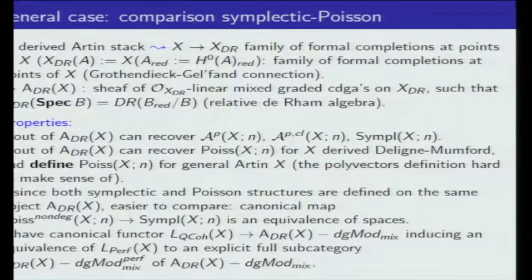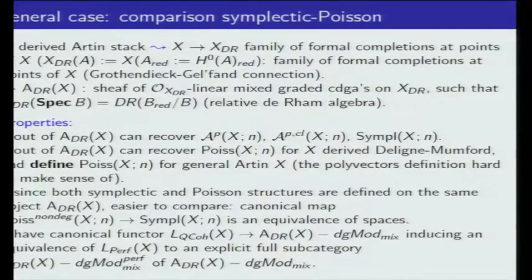And you can recover Poisson, the shifted Poisson structure, the definition I gave for Deligne-Mumford, and you can use it to define Poisson structure in the general Artin case. The problem with polyvectors is that, outside the étale topology, the étale atlas, they don't have any functoriality. So there is no hope to extend to derived Artin stacks the definition I gave before. But you can give a general definition using this A_dR of X, and prove that in the Deligne-Mumford case it's the same, and so you also get a definition for derived Artin stacks.